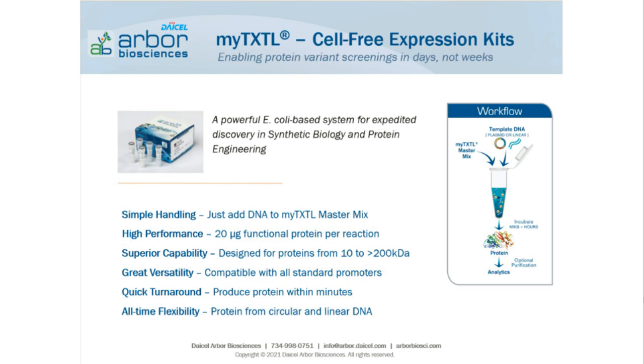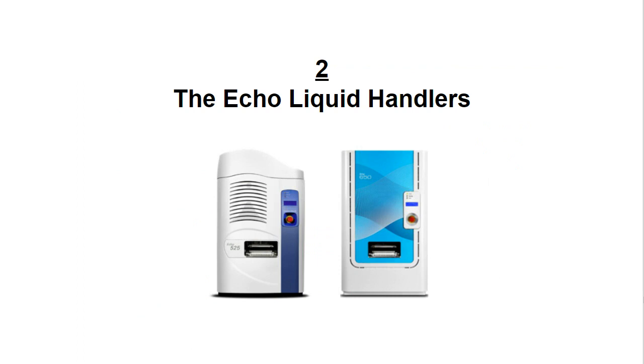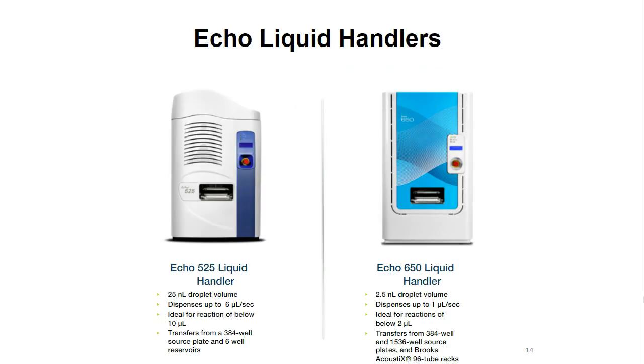In the second part of the webinar, I will introduce and present the Echo liquid handlers from Beckman Coulter Life Sciences. There are two Echo liquid handlers from Beckman Coulter Life Sciences, the Echo 525 and the Echo 650. The main difference between the two liquid handlers is the volume of the droplet.